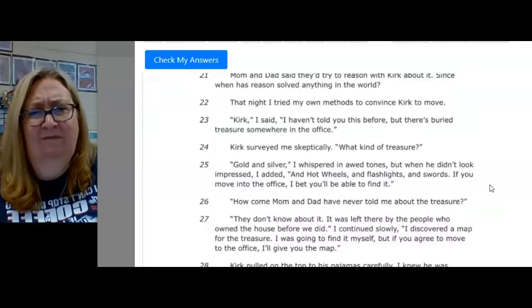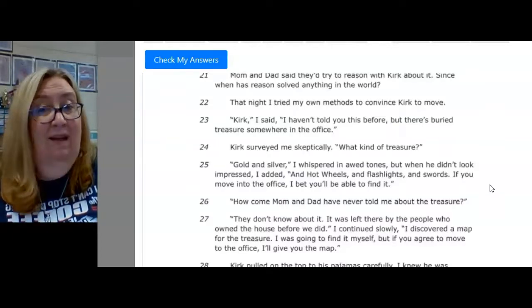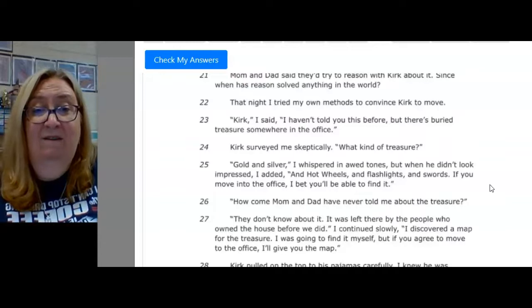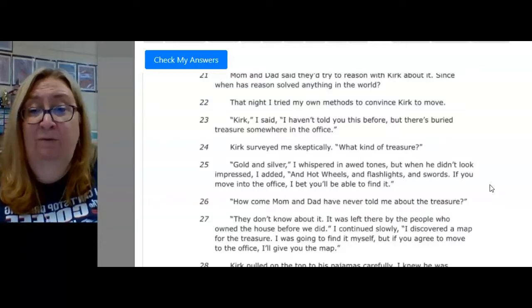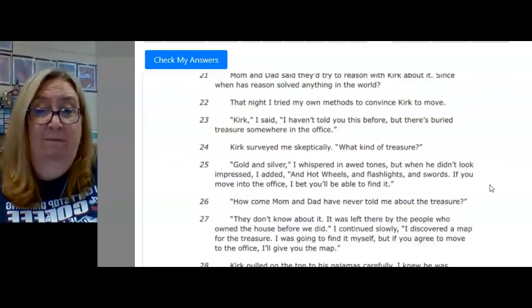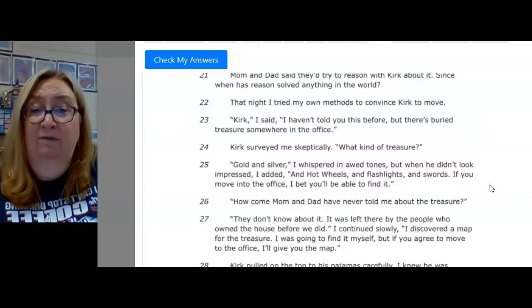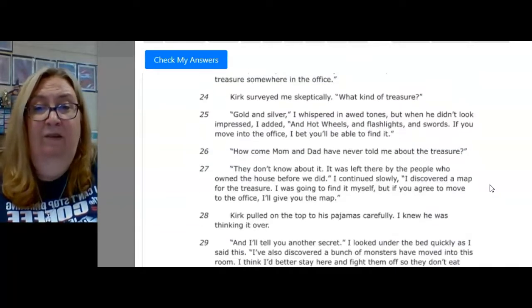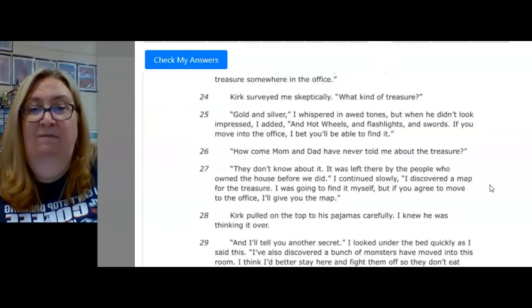"How come Mom and Dad have never told me about the treasure?" "They don't know about it. It was left there by the people who owned the house before we did." I continued slowly. "I discovered a map for the treasure. I was going to find it myself, but if you agree to move to the office, I'll give you the map." Kirk pulled on the top of his pajamas carefully.